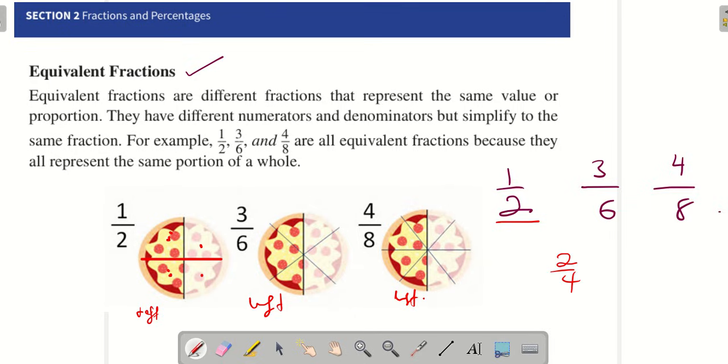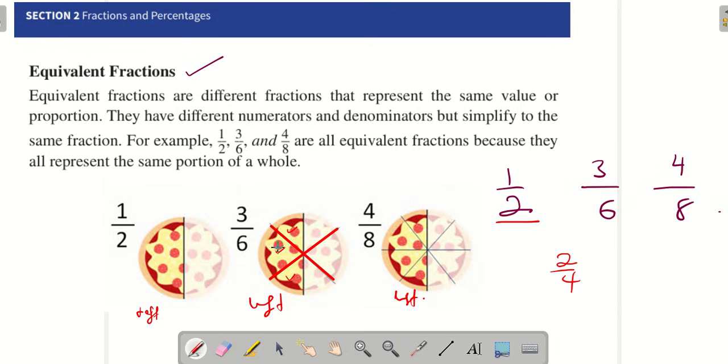Now, there is another way of dividing it. We can divide it this way, like this and this. When you do that, the same half, which is here, now has three different regions. One, two, three. But it is the same region, which is half.